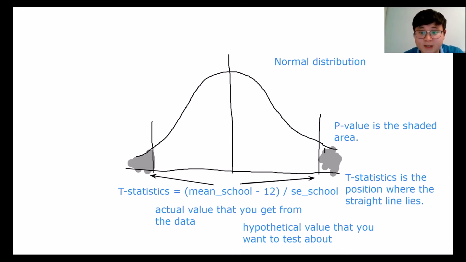Which means that if you are a female, on average, you have 17.5 crowns less than males, and we can see that the p-value for this is almost 0.